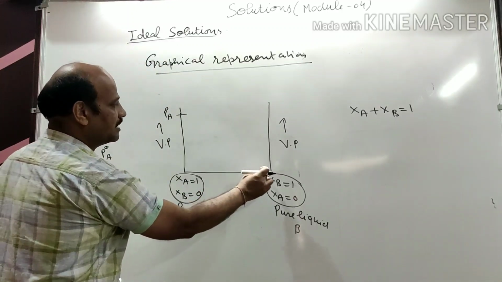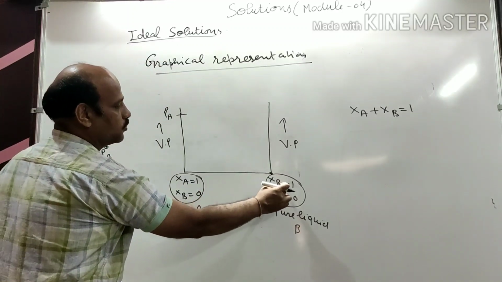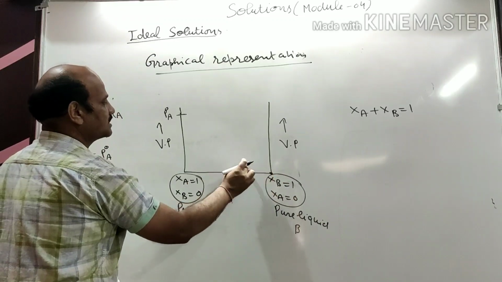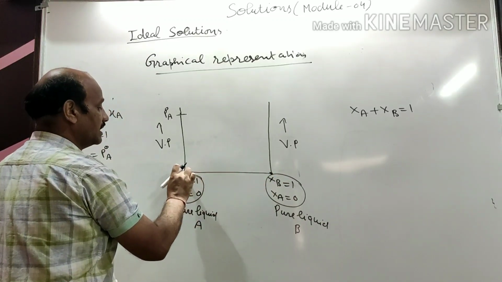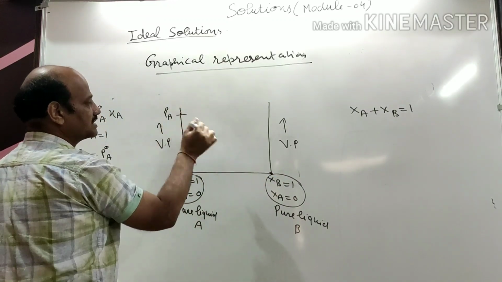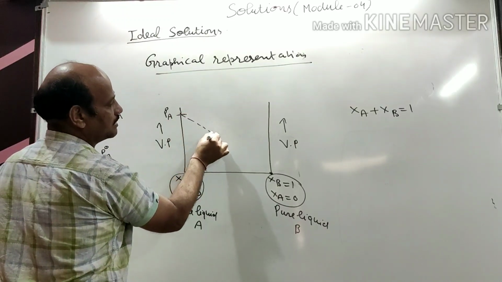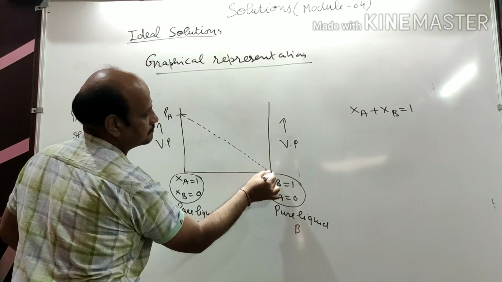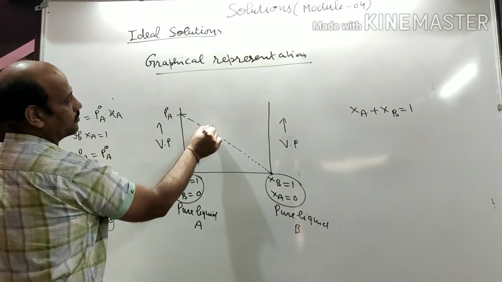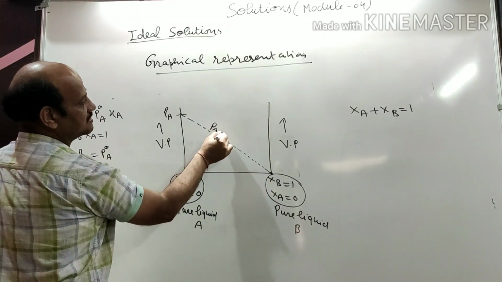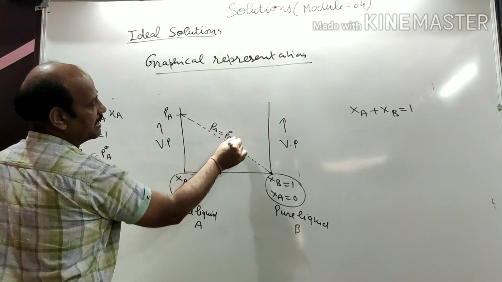Now if we increase the value of XA, then vapor pressure goes on increasing. When it comes at 1, it will be maximum and the graph may be like this. This is PA is equal to P naught A XA.